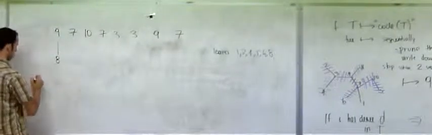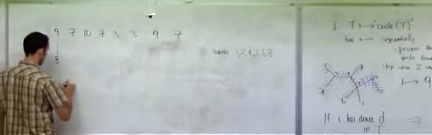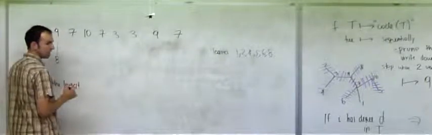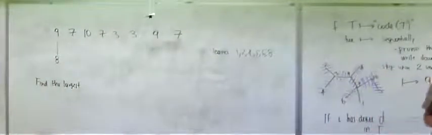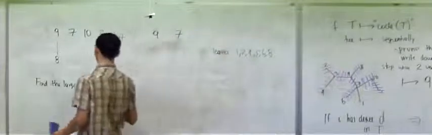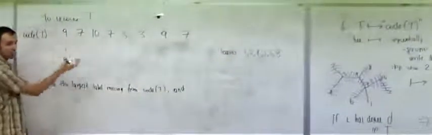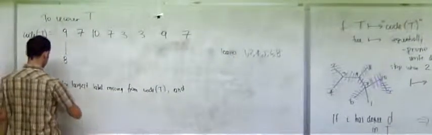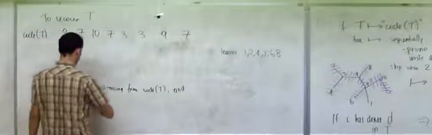So I say, find the largest leaf so far. So find the largest label missing from the code of T. So to recover T, I find the largest label missing from the code of T, and then that must have been the first pruned thing, so I have to connect it to the first neighbor.